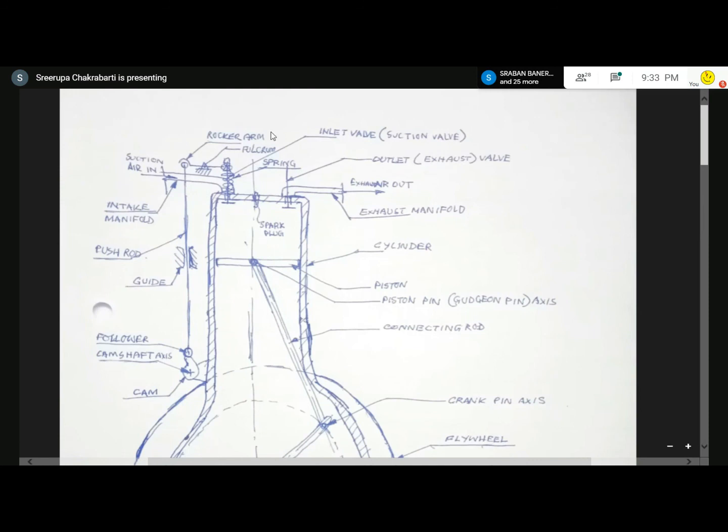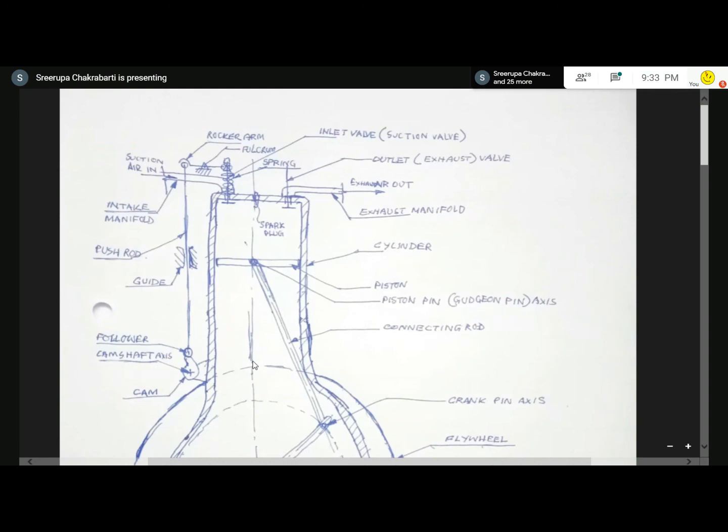That is the suction. The suction stroke corresponds to the sweeping of this volume: pi by 4 d square into this distance L. That volume is called the swept volume, displacement volume or stroke volume. That is the theoretical volume which should be sucked.